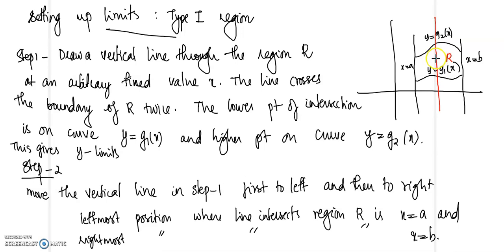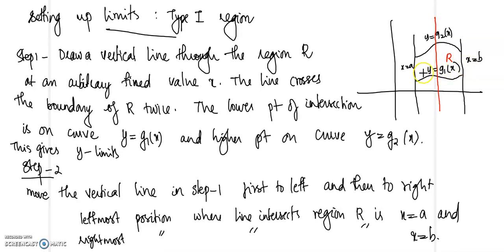Now in step 2, we move this line to the left and to the right within the given region, and look for the minimum value on the left. When you move towards the left, the minimum value where the region and the line intersect will be x equal to a.